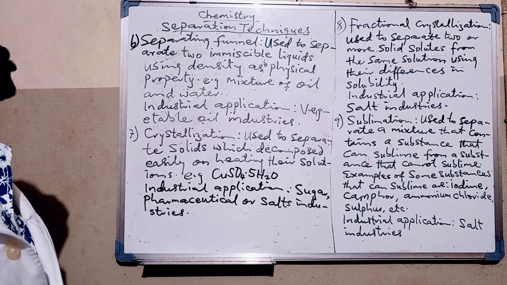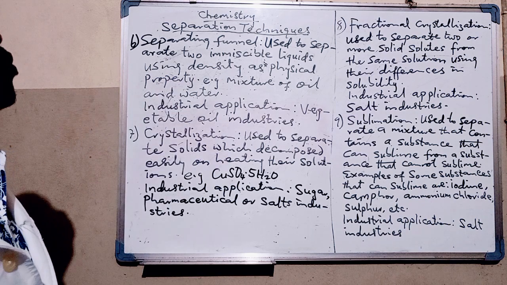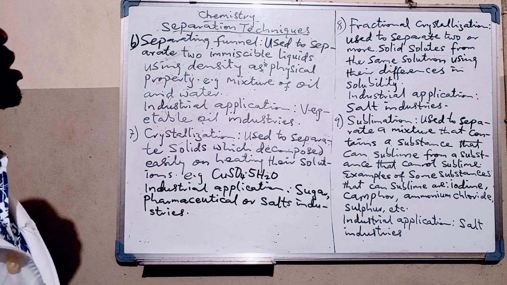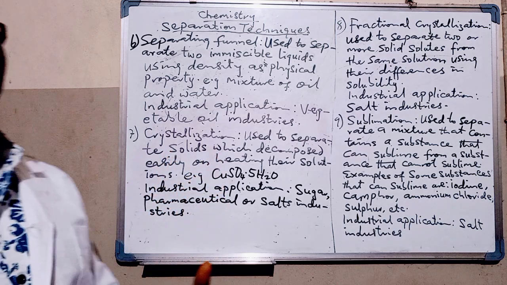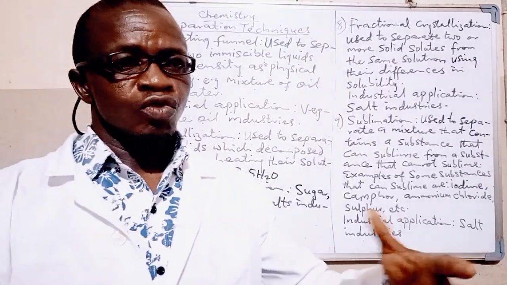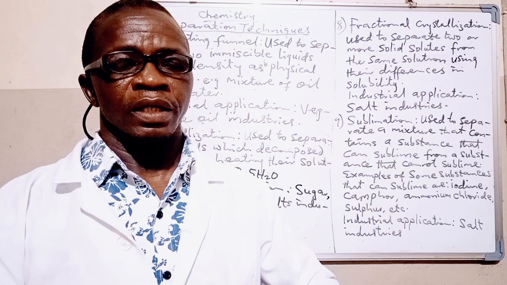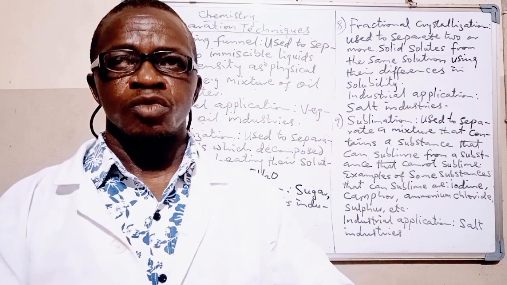Separating funnel is used to separate two immiscible liquids using density as physical properties. I talked about miscible liquids before as two substances mixing very well, liquid in liquid, like ethanol and water. They are miscible liquids.